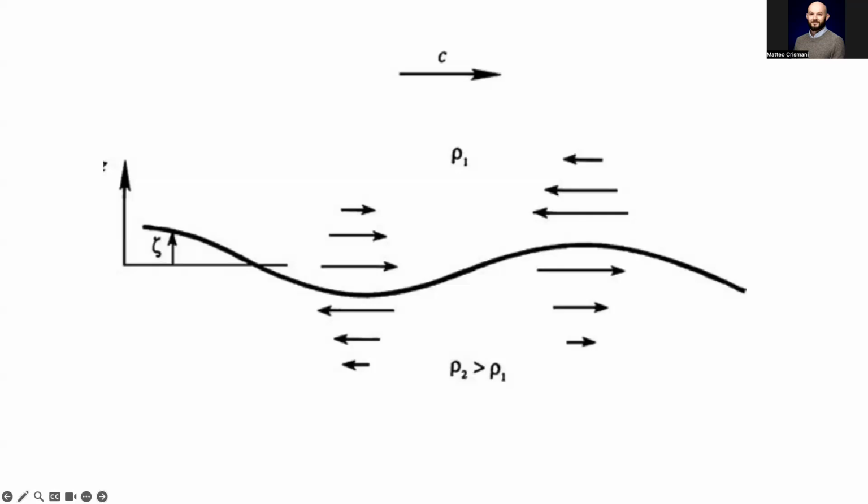So what does this say? Well, this says something really fascinating. This says that the perturbation in density that happens with respect to time is due to the vertical structure, the average vertical structure of the density. Questions?